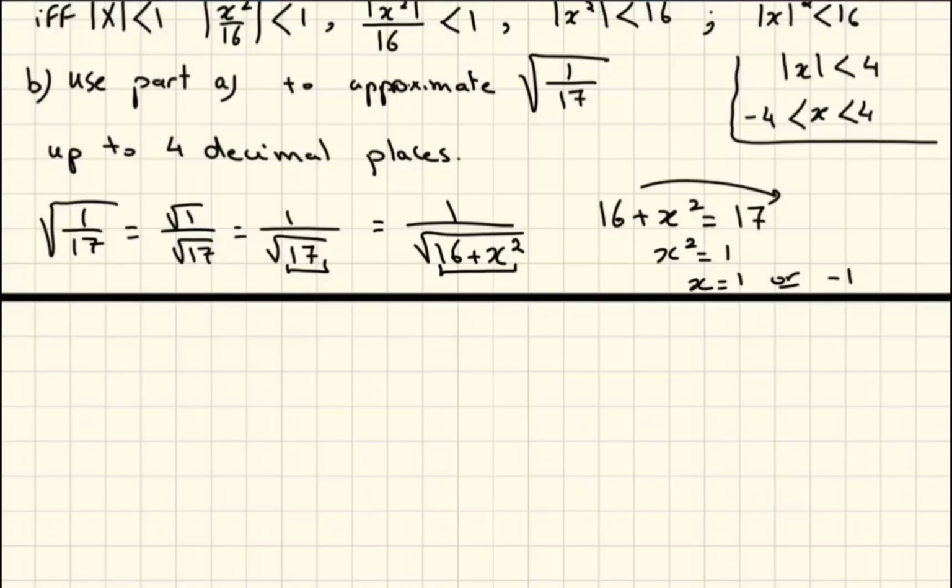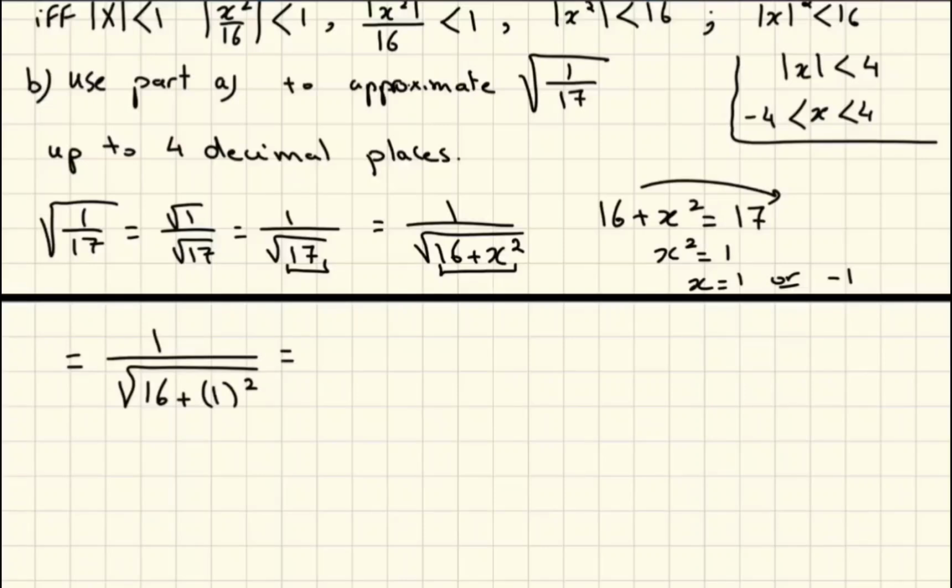Now if you use either, it will not change because we have exponent 2. In both cases it's going to give me the same answer, which is 1. So now I noticed that if I replace the x by 1, I will get radical of 17.